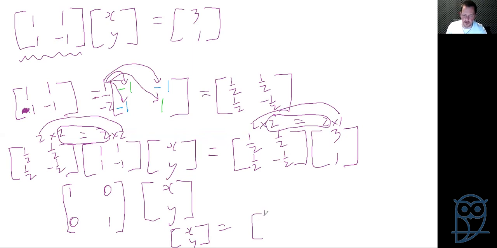So we have a half times 3 because it's row times column. So it is a half times 3 plus a half times 1. And then we have a half. Actually, what I'm going to do is move this up slightly so that I can keep alignment going.